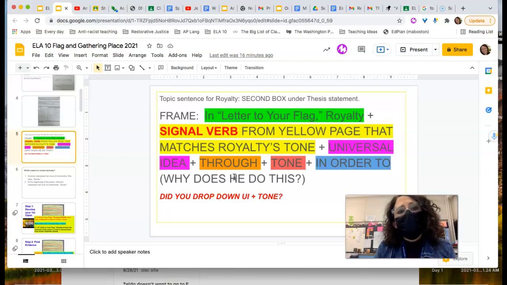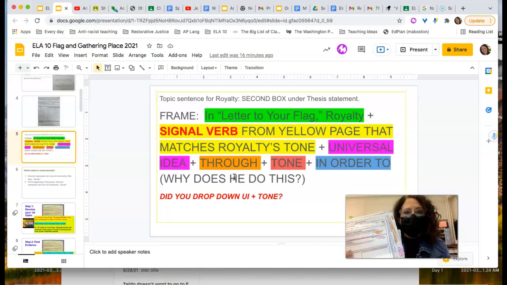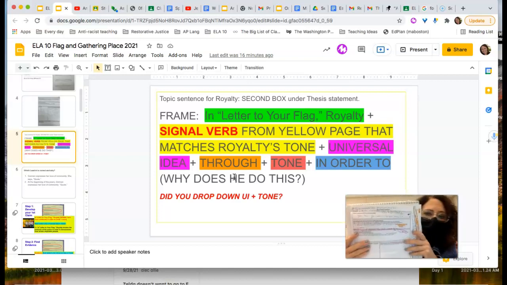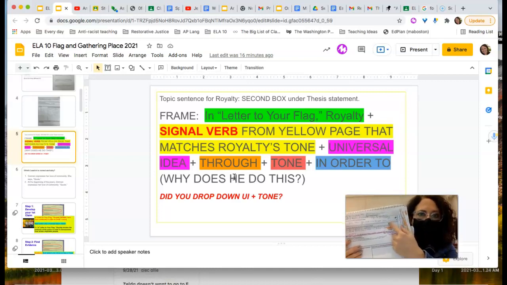And remember that this essay, this right here, is all you need for your essay. You're going to type every single word from this in this order to create your final essay that you will submit on Google Classroom. So I will have a Google Doc assigned to you that is a blank Google Doc, okay?